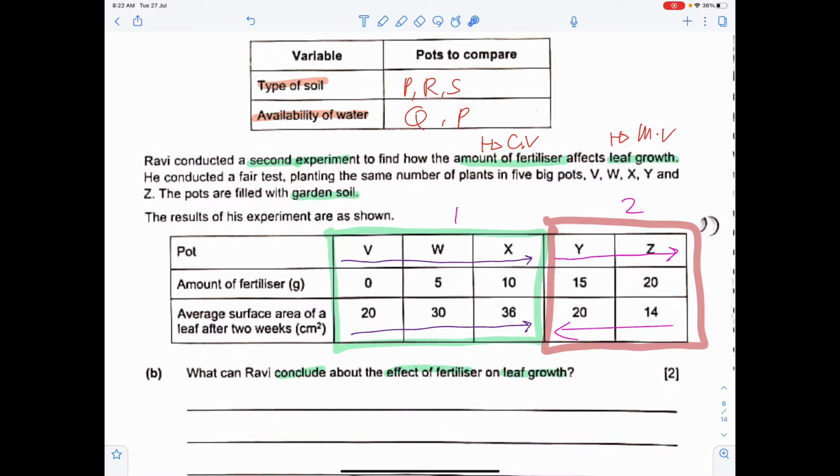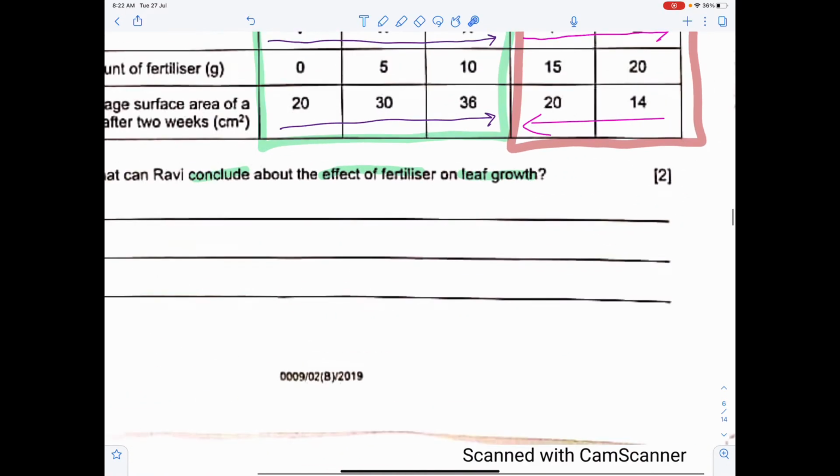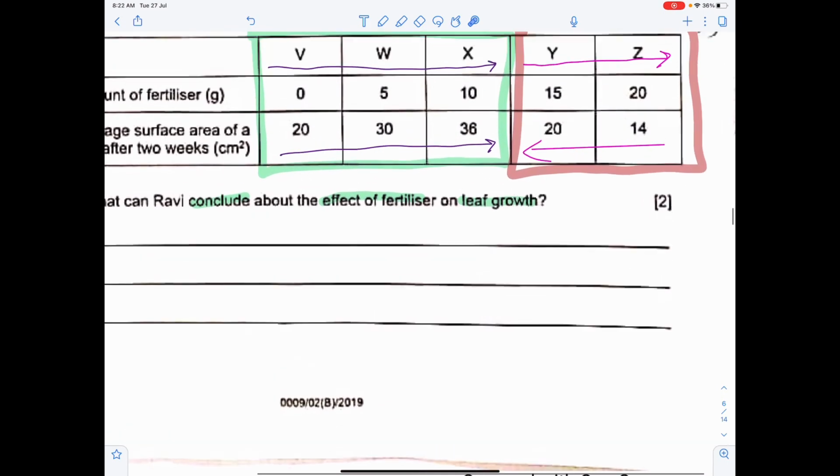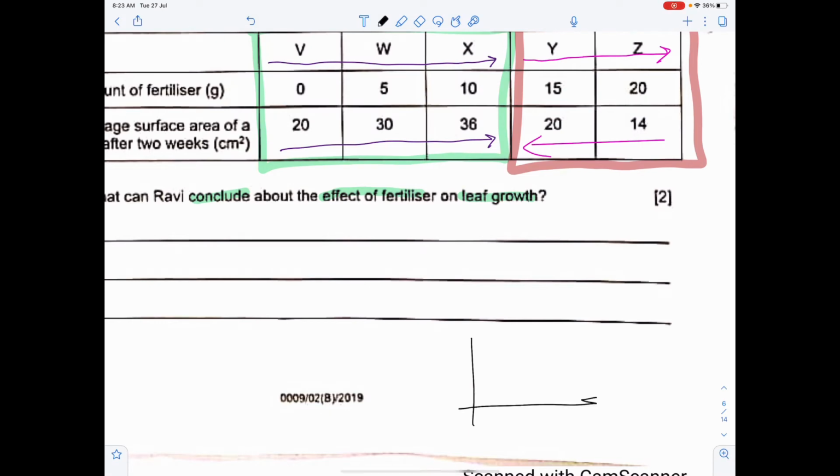So how do you help yourself understand this? You can plot a very simple graph to help yourself make sense of this. So very quickly, I will just demo to you. So in exams, right, I will just draw something like that. Okay, measured variable more often than not is always on the left-hand side. So this is my measured variable. This is growth. Okay, and then this is actually amount of fertilizer.